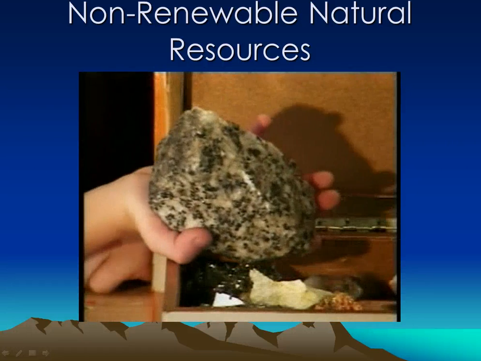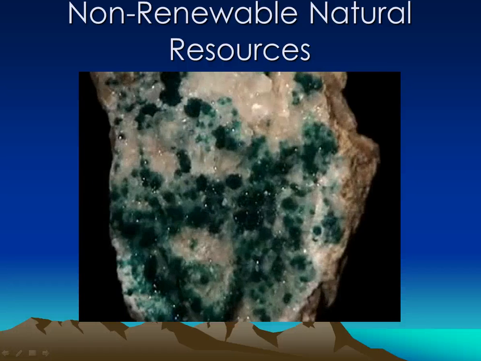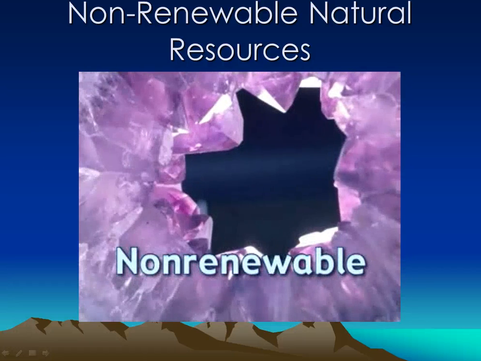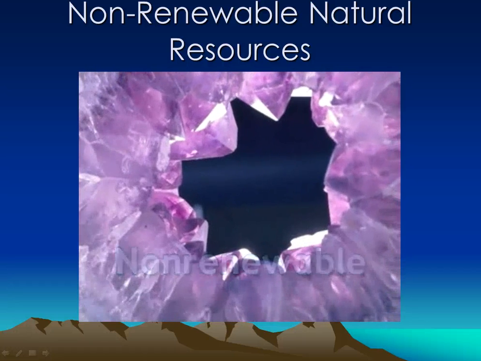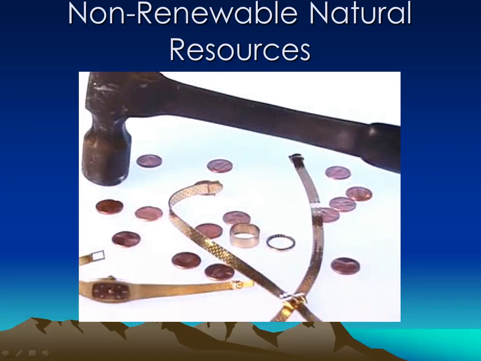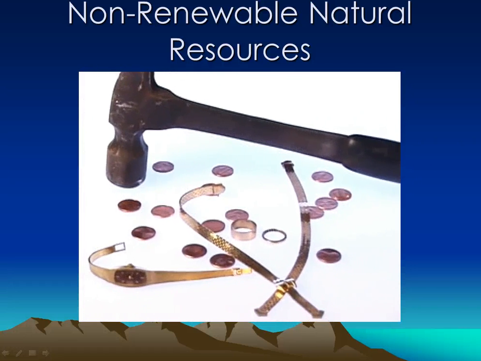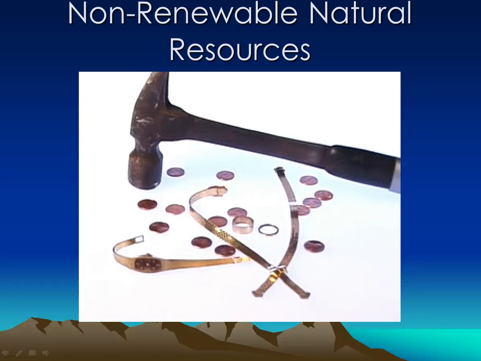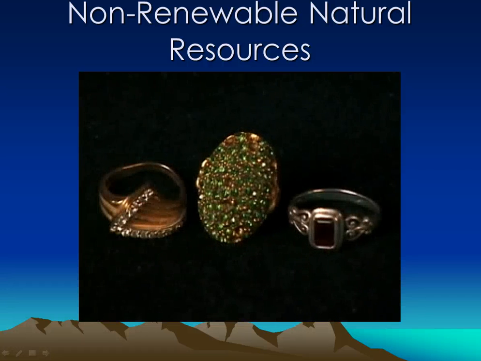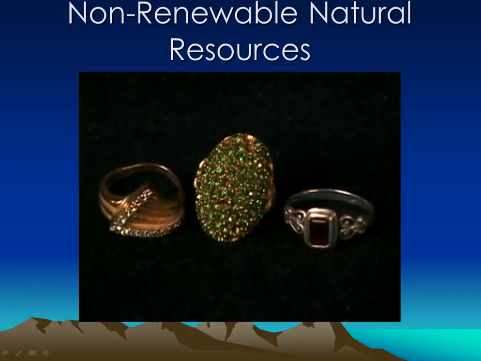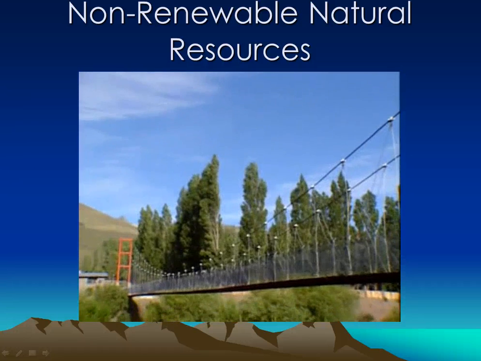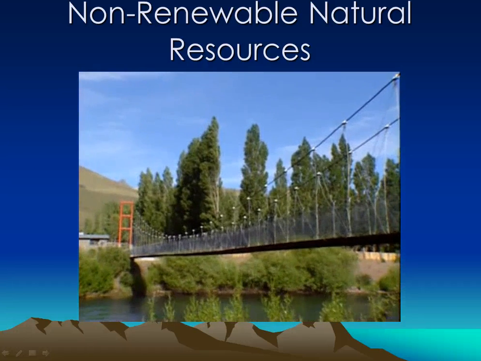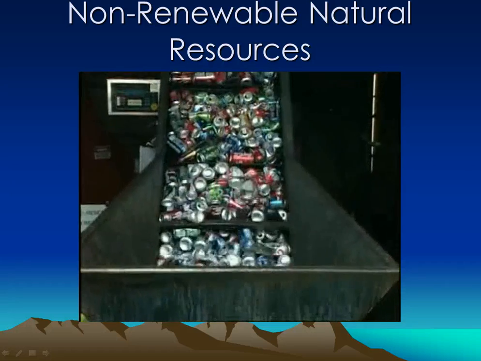Minerals are found in rocks. They are a hard, non-living, non-renewable natural resource. Different kinds of minerals are metals like iron, copper, and gold, and gems like diamonds, emeralds, and rubies. Minerals give us the material we need to make metals like steel and aluminum.